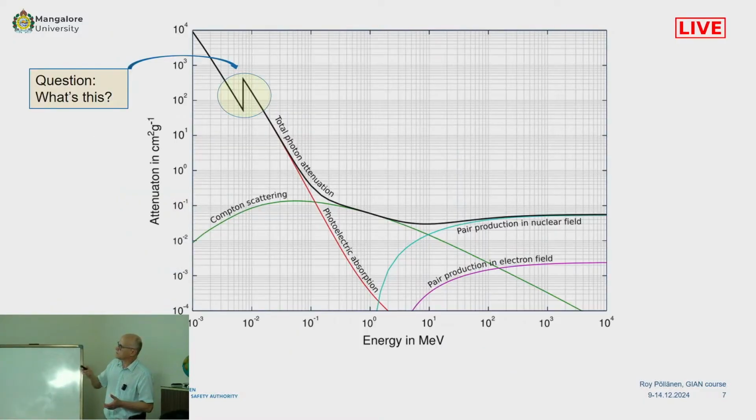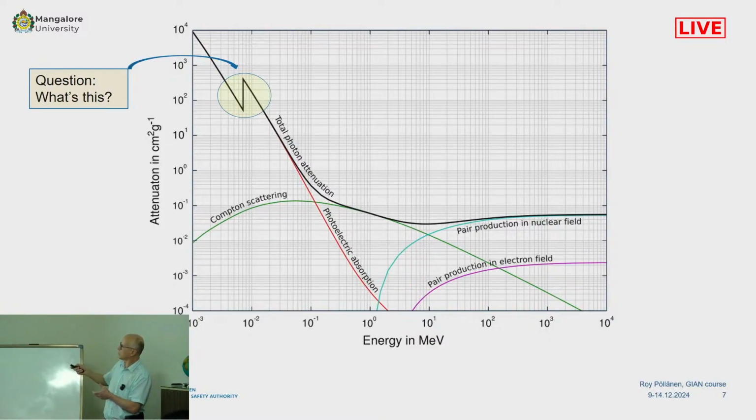All right. Here you can see photon attenuation in terms of square centimeters per gram on the vertical axis, and here is the energy of photons. As you can see here, at low energies, less than 100 kilo electron volts or so, this material is lead.